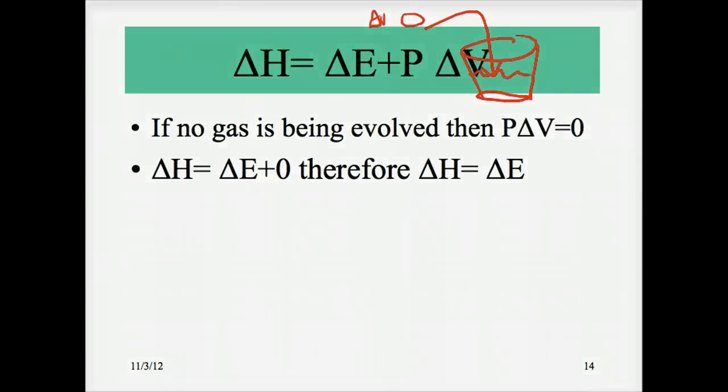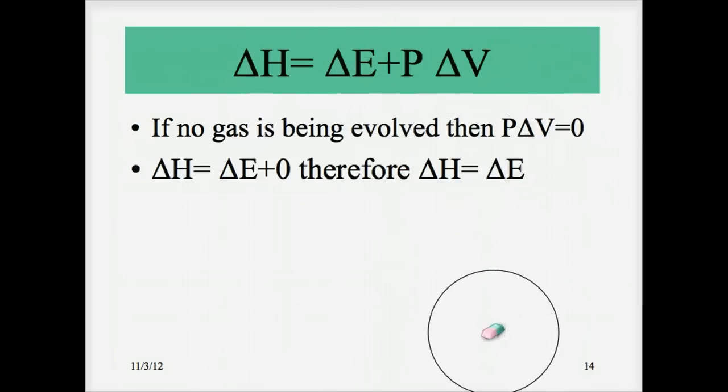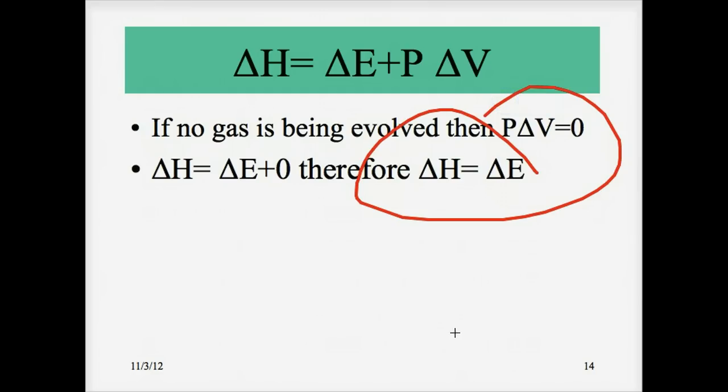Our reaction here for delta H is, again, as we did before, the change in energy plus P delta V, the change in volume. This was at constant pressure. But if no gas is being involved, the P delta V is essentially 0. So the change in energy is just the thermal energy.